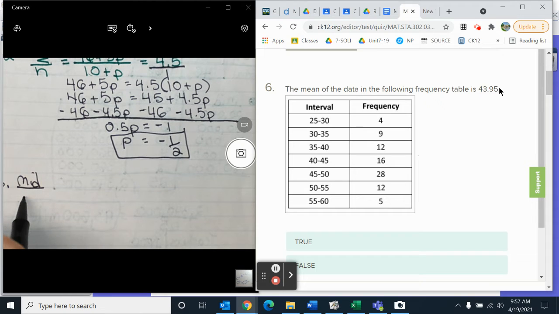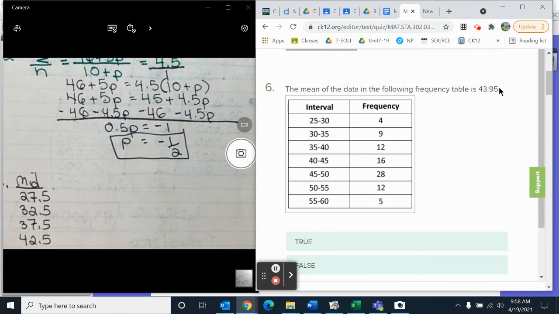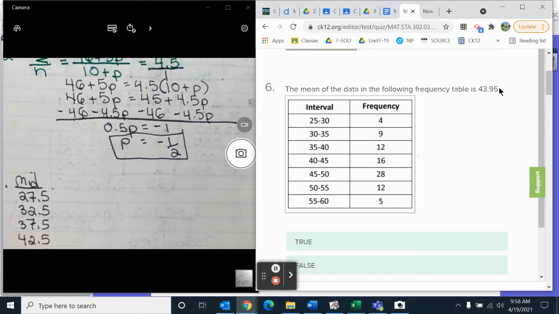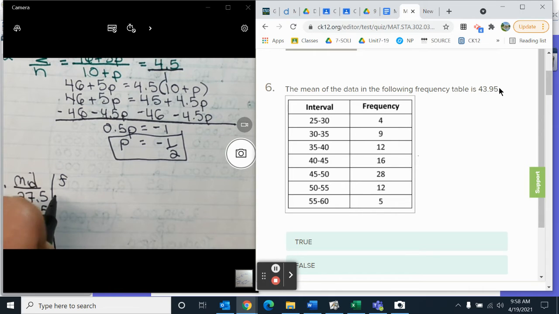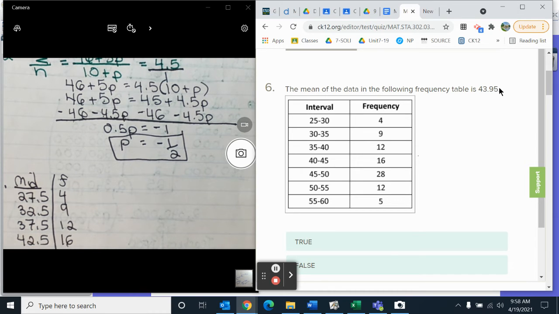We have 27.5, 32.5, 37.5, 42.5, 47.5, 52.5, 57.5. And then our frequencies, 4, 9, 12, 16, 18, 12, and 5.